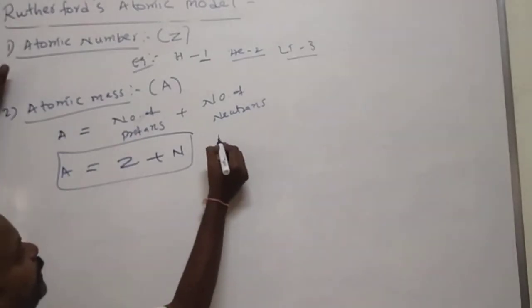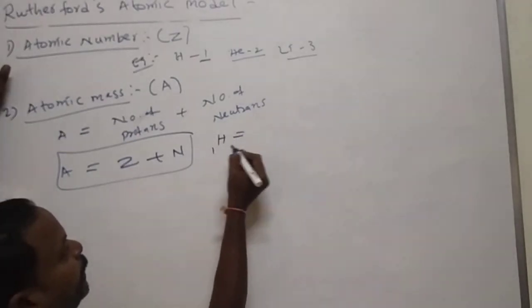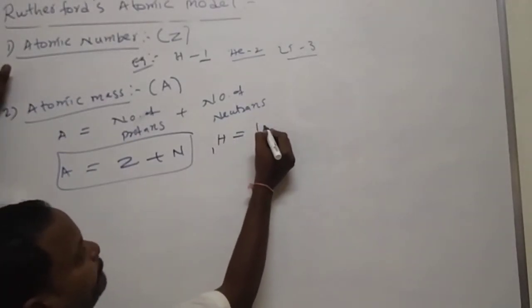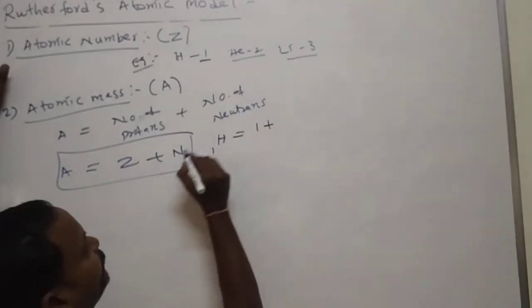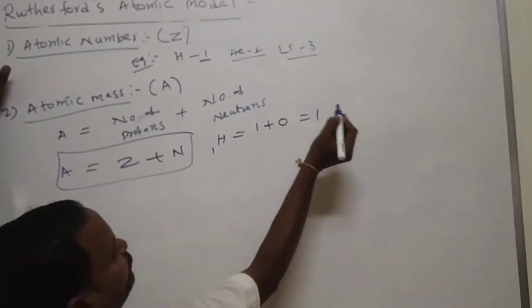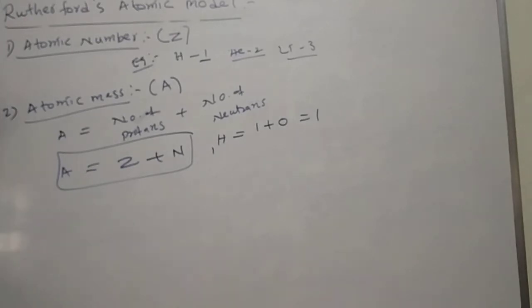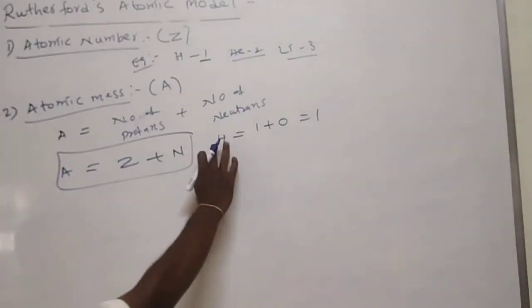For example, hydrogen has atomic number 1 and number of neutrons 0, so the atomic mass is 1.